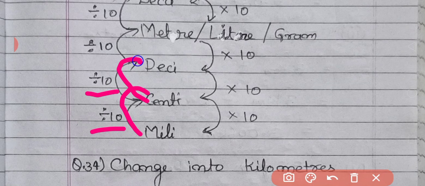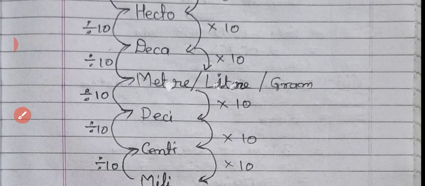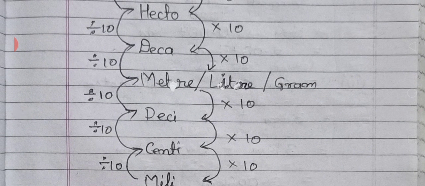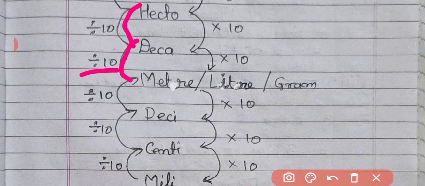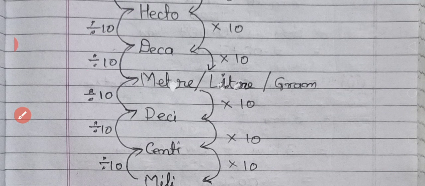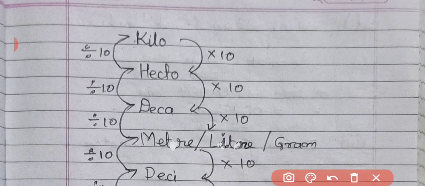Deci to meter, again 10. Meter to deca, again divide by 10. Deca to hecto, again divide by 10. And hecto to kilo, again divide by 10.